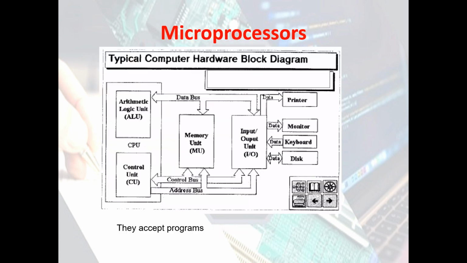The typical computer hardware block diagram revolves around the central processing unit or CPU or microprocessor, which serves as the brain of the system. The microprocessor interacts with various components, including the memory hierarchy, RAM for temporary data storage, and storage devices for long-term data retention, input and output or I/O devices for communication with the external environment, and the system bus that facilitates data transfer between different components.